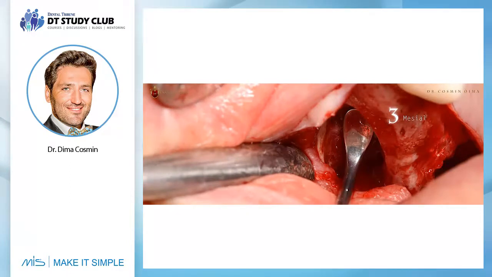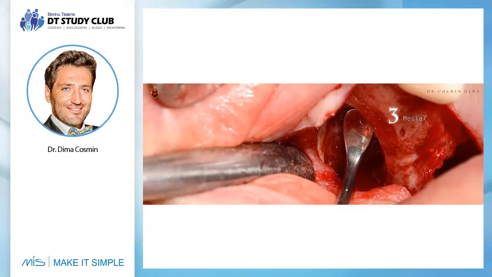Searching the literature, we can see that the most frequent perforations are on the mesial wall, and this is because the access is more difficult, and sometimes we are afraid to make the window as long as we need because we are afraid of the roots. Usually we have teeth at the mesial part and the patient doesn't have teeth at the distal part.